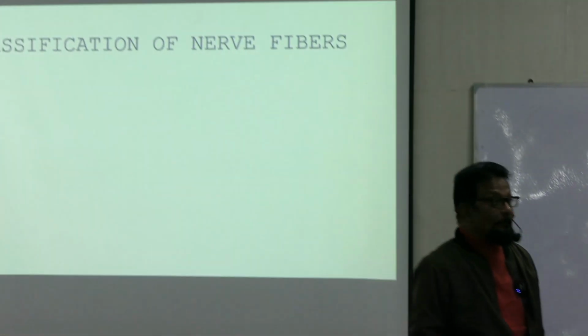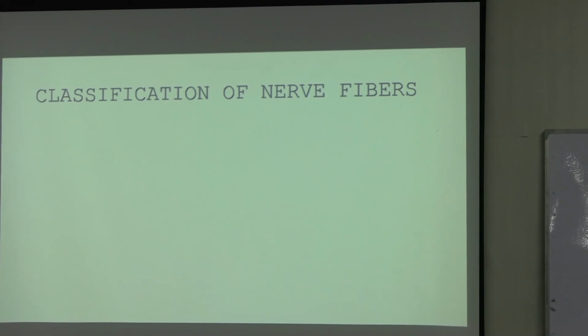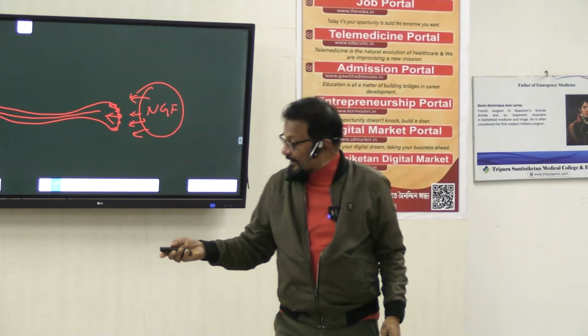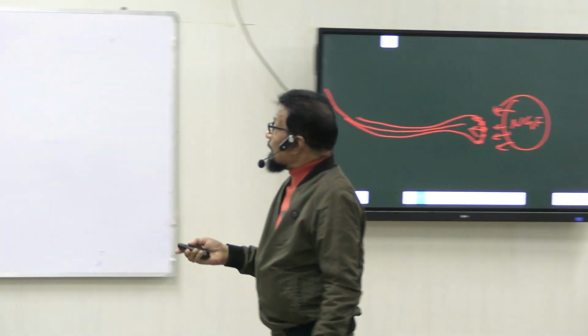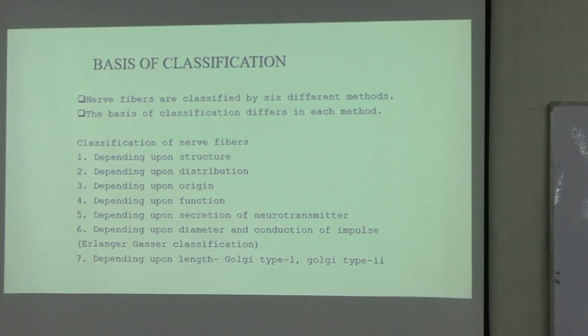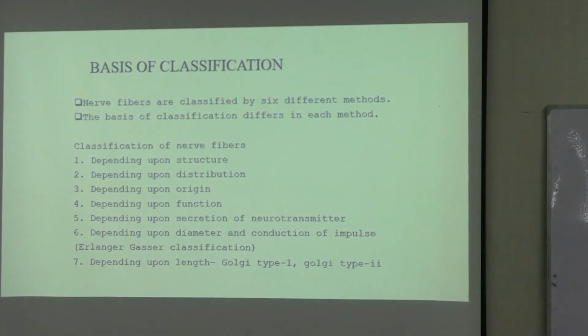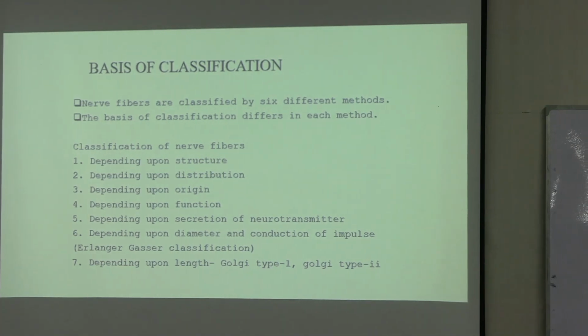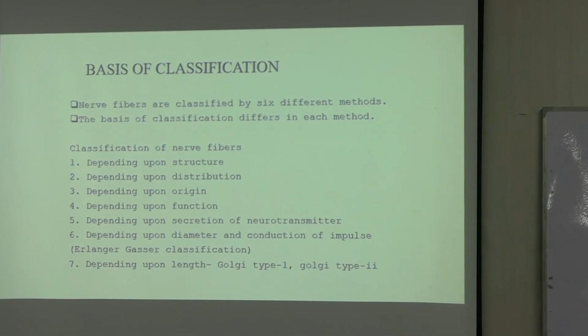Now we will classify the main part. Our main part was the classification of nerves. There are various ways of classifying nerves, about 7 to 8 ways. One is depending upon the structure of the nerve fiber. If there is myelination in the axon, we call it a myelinated nerve fiber.